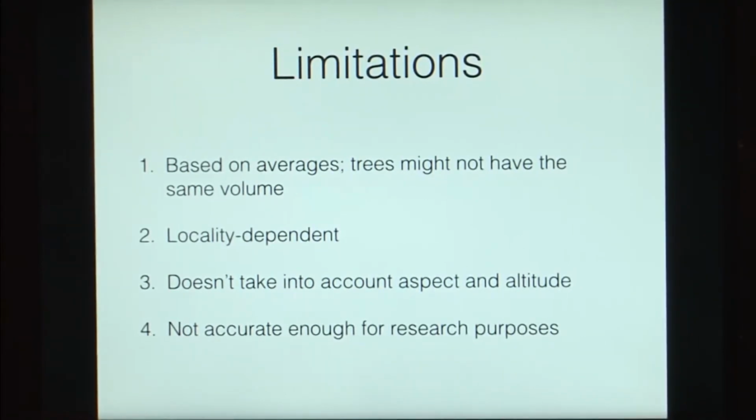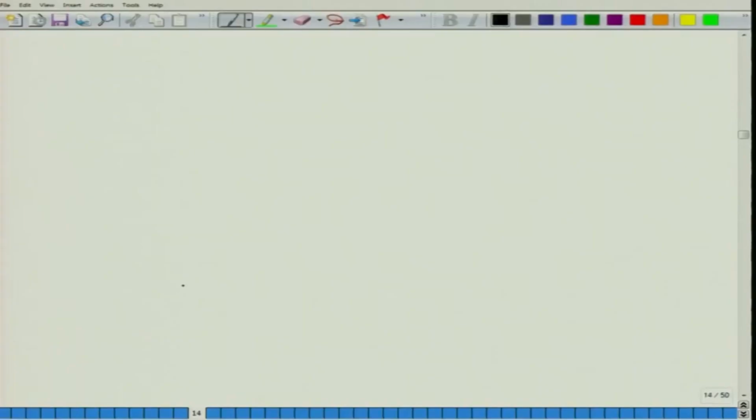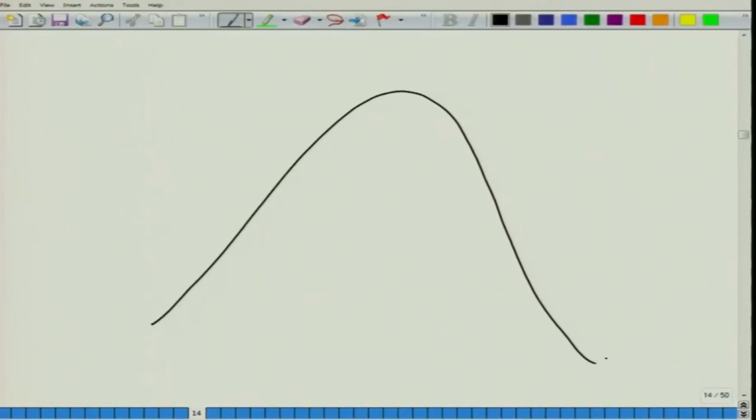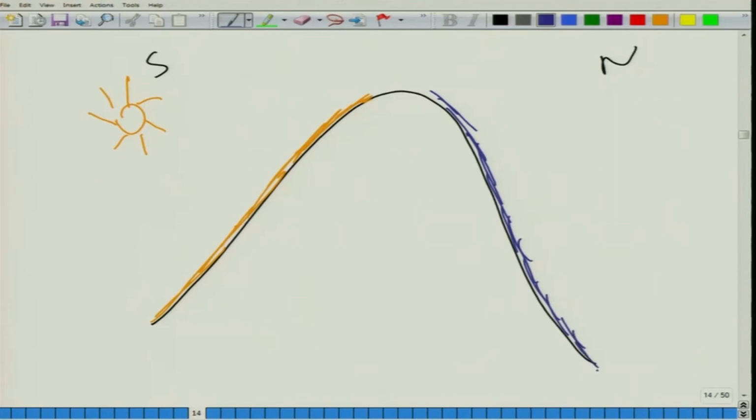So, for instance, if we considered a hill, and suppose this is towards the south and this is towards the north. In the case of India, which lies in the northern hemisphere, the sun is always towards the south. So, this portion receives the sunlight, whereas the other portion is hidden from sunlight for the most part. How does that matter?